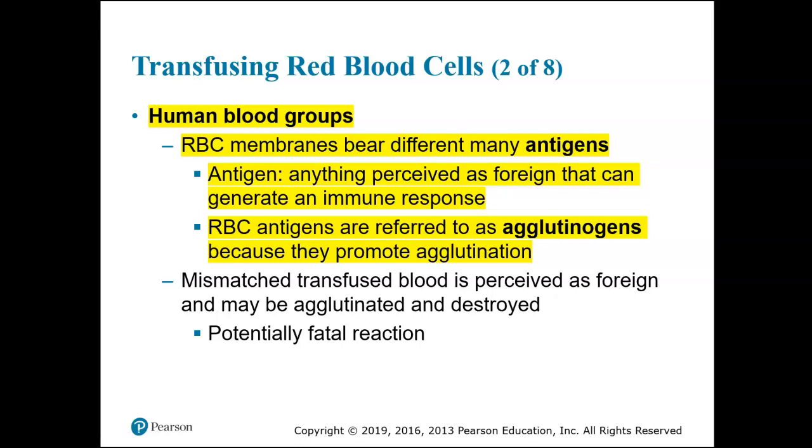When you receive a blood transfusion, you have to receive it from the correct blood group. Human blood groups are determined by the presence of antigens on the red blood cells. Red blood cell antigens are referred to as agglutinogens.